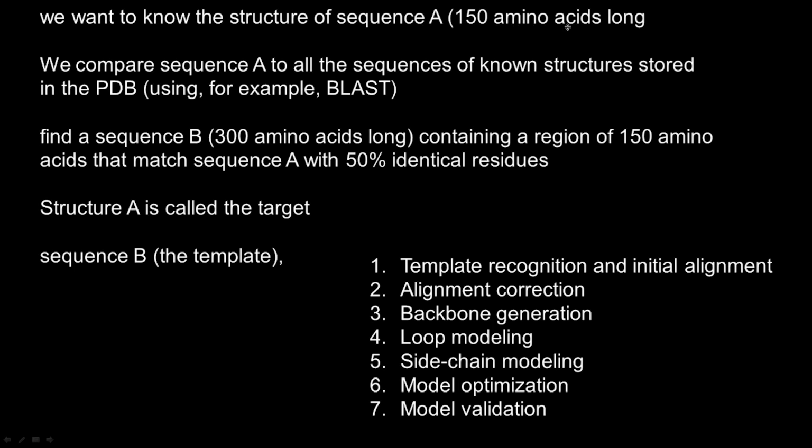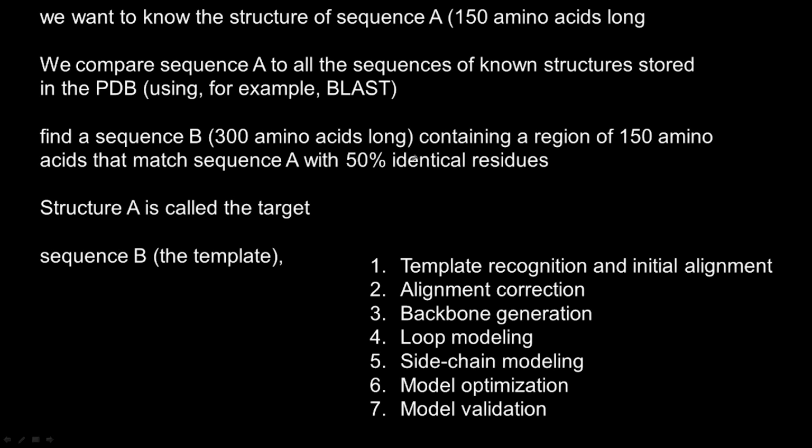We want to know the structure of sequence A, 150 amino acids long. So we compare sequence A to all the sequences of known structures stored in the PDB using the BLAST command. We just looked at the BLAST command. Now we find a sequence B which is 300 amino acids long, containing a region of 150 that matches exactly.